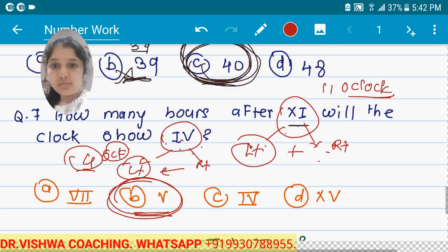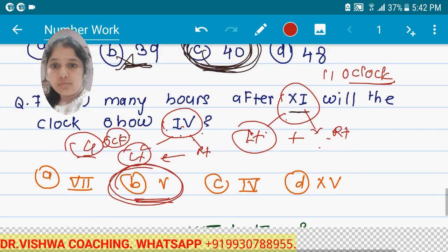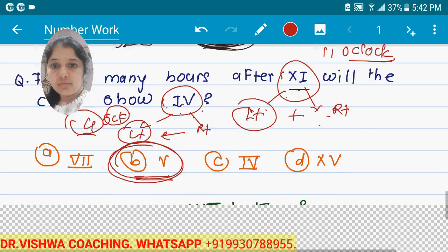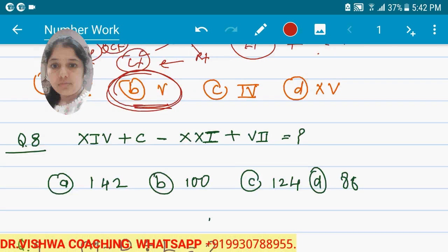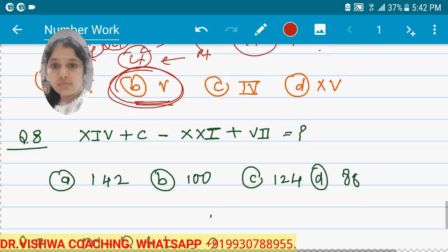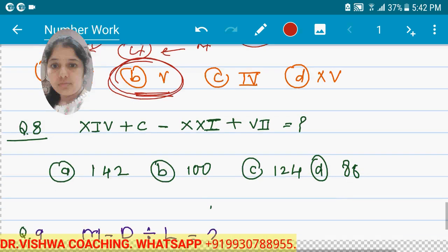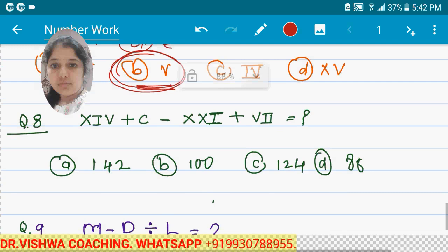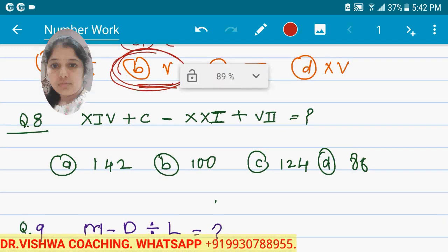Okay. Now again, this is addition and subtraction of numbers, but the numbers are given in Roman format and the answers are given in international numerals. Now same thing you have to do here.